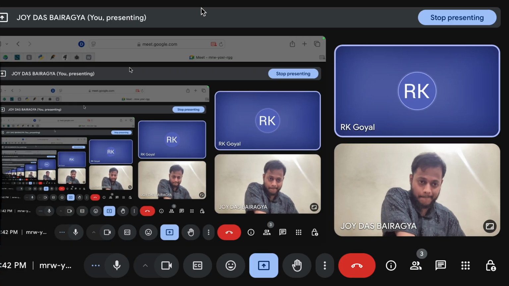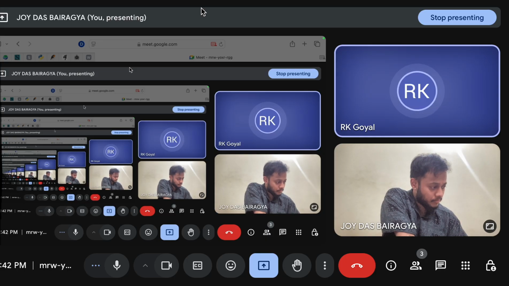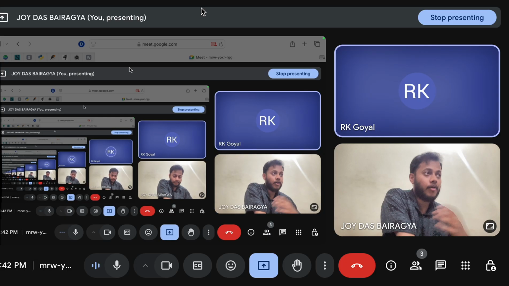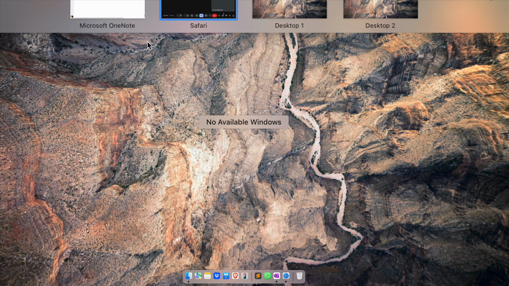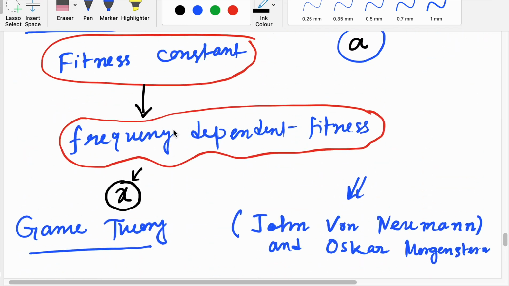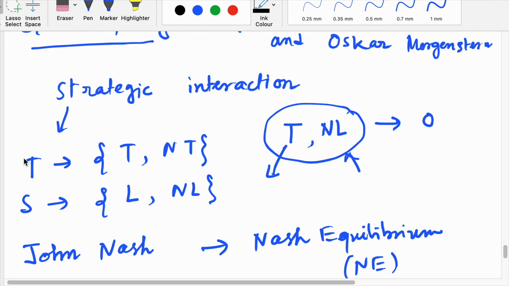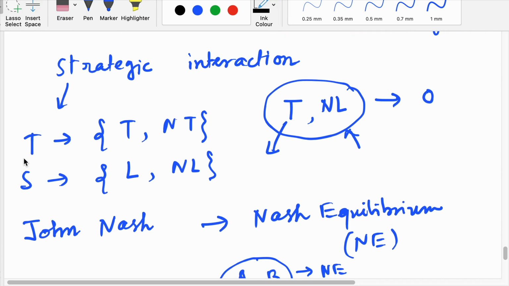Okay. And I could not understand one term which you used, that payoff thing. What is that? Payoff means whatever I get out of interaction. So that I am telling you here by that example. Let's be crystal clear about that. Payoff in classical game theory is the satisfaction I am getting.